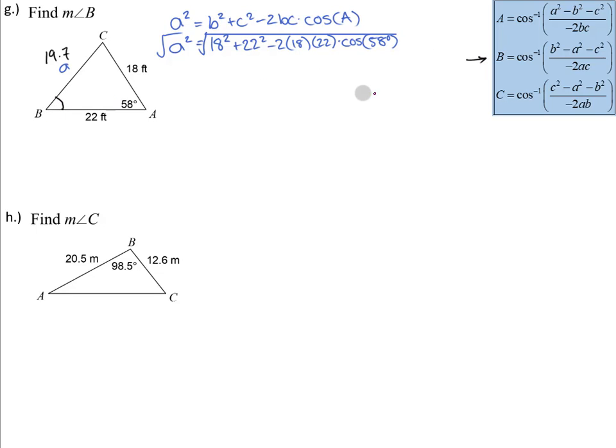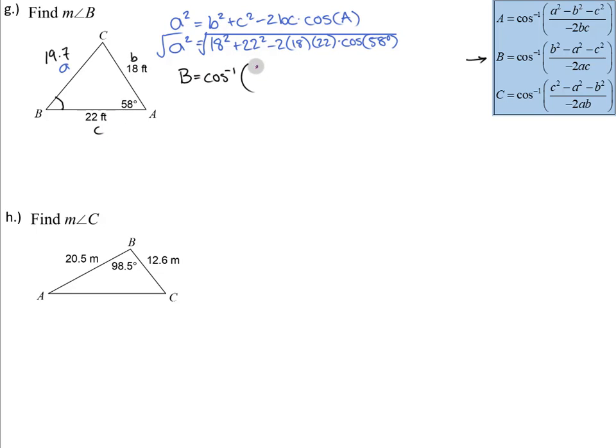So we can go straight to this formula. Again, this is just this same type of formula manipulated to solve for the angle and get it out of cosine. So we can go ahead and use the one that's labeled as B. So B here is equal to the inverse cosine, or arc cosine, of B squared, so side length B, which we'll call this one.